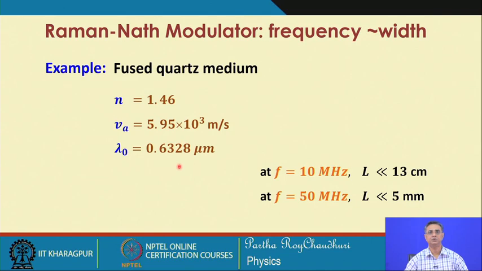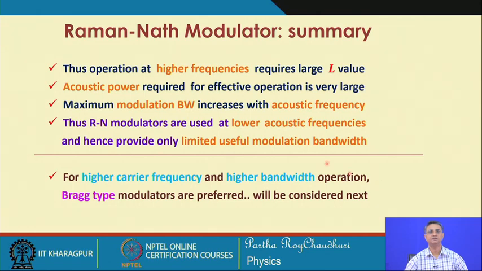These are the typical values, and for a helium neon laser wavelength of 0.6328 micrometer, the value is given for 10 megahertz, and for 50 megahertz this is this. Thus, operation at higher frequencies requires a large L value, and the acoustic power required for effective operation is also very large. So, this is the limitation for this Raman-Nath type of modulators.